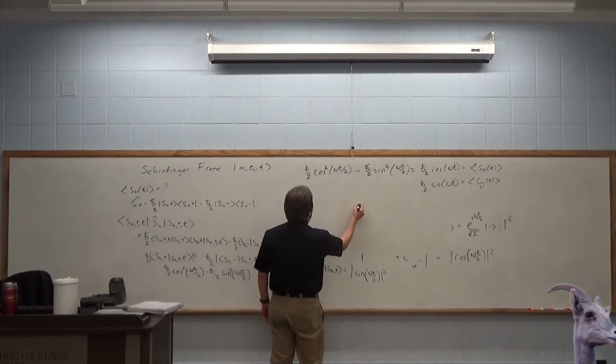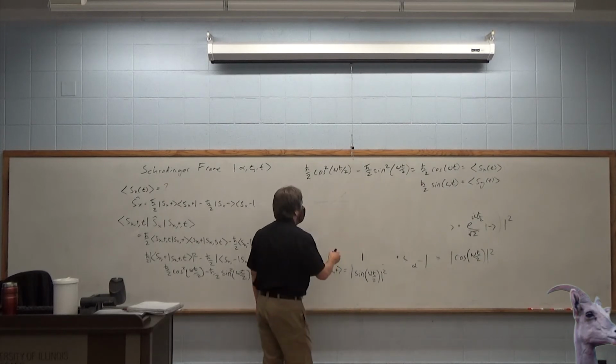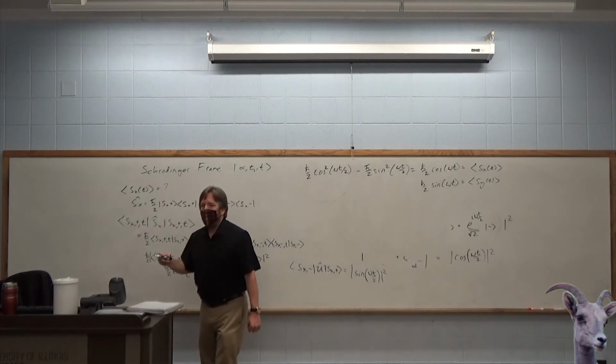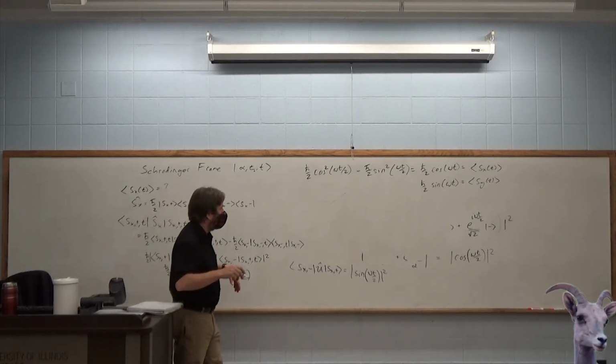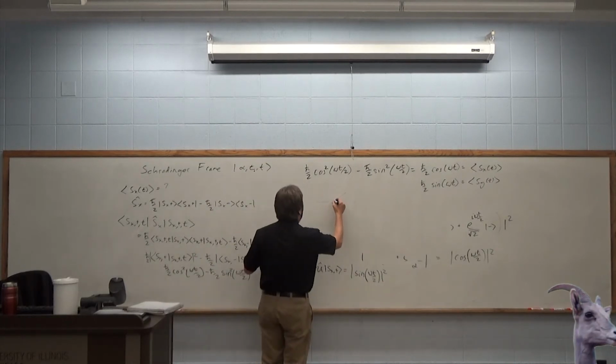So, and again, for the zillionth time, an electron is in a magnetic field, same thing as a proton in an NMR field. And normally I want to say it's pointed up. And what happens is you get a pi pulse, let's call that the x direction.